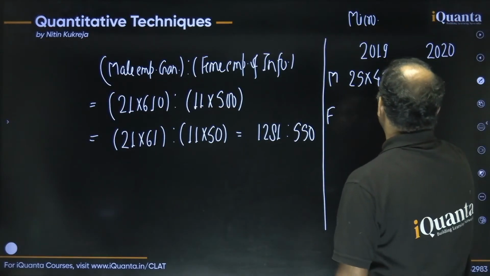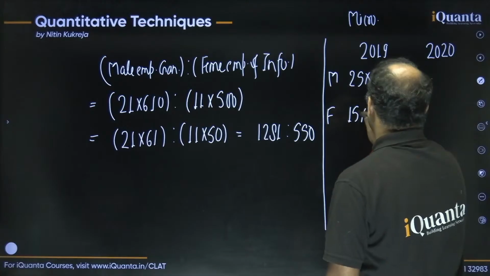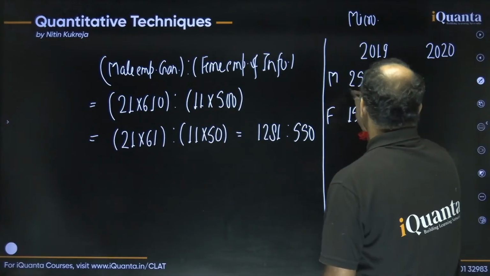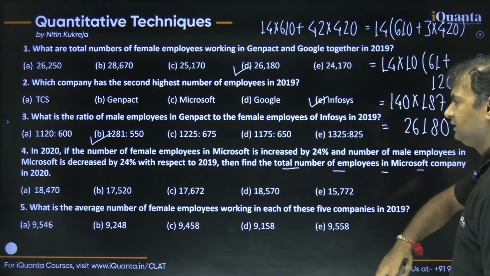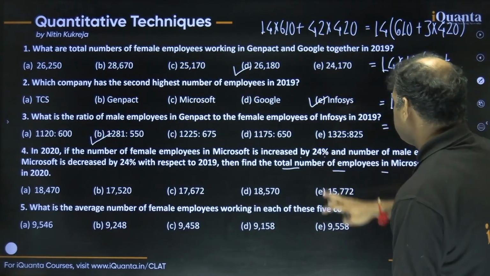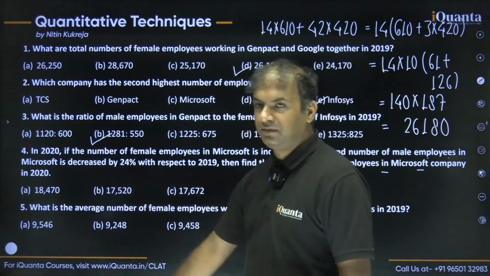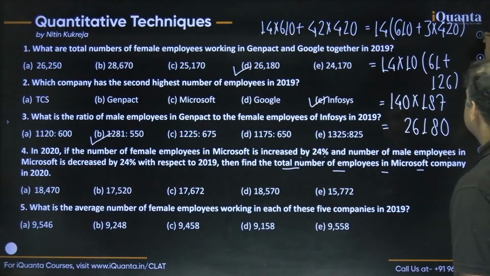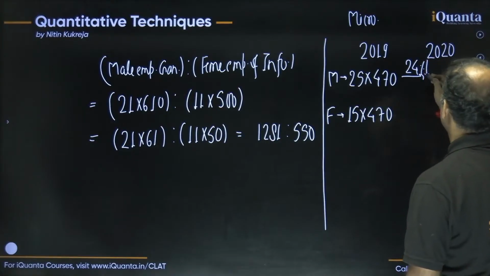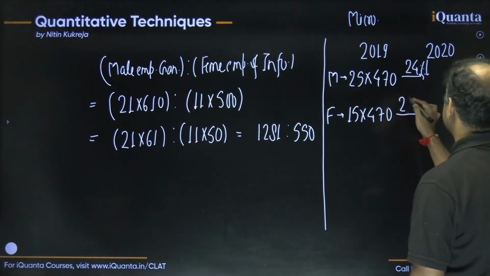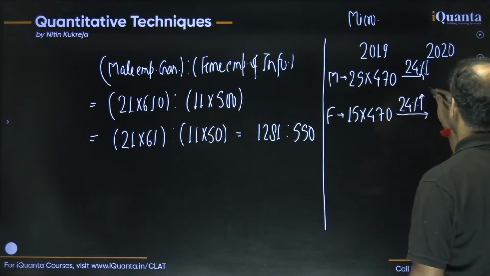Now in the next year, females are increasing by 24% and males are decreasing by 24%. This is what is given to us.